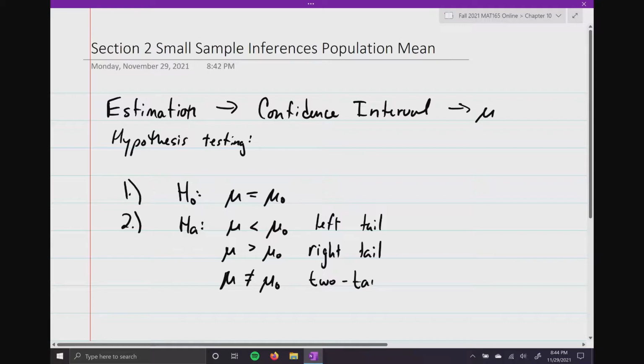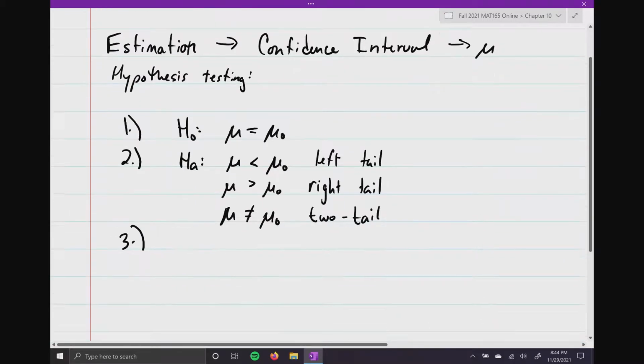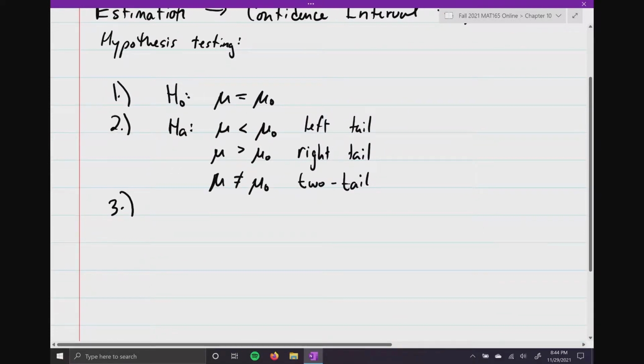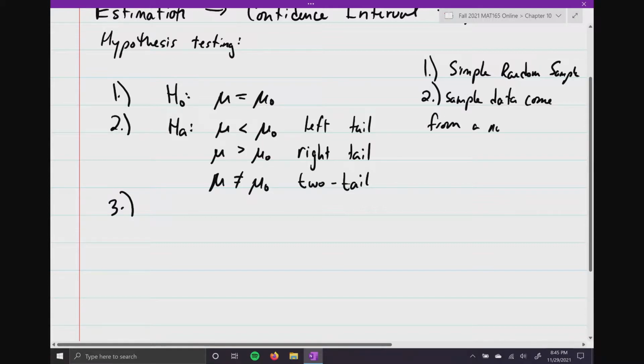Okay? Step 3. Now, step 3 is going to be different here. Remember, we are working on the assumptions that number 1, we have a simple random sample, and number 2, that sample data come from a normal distribution.